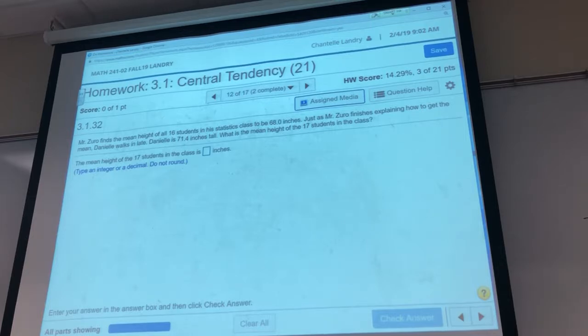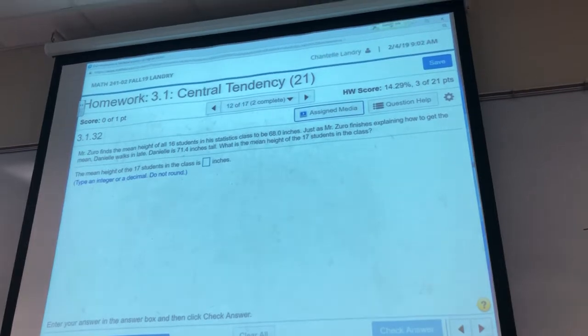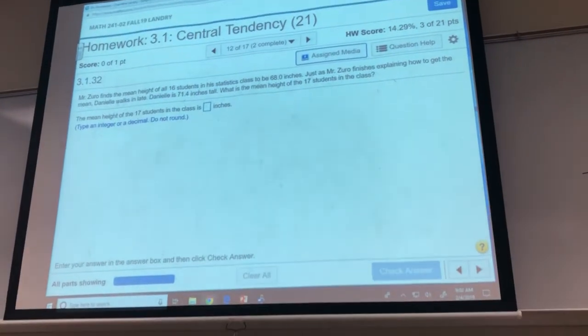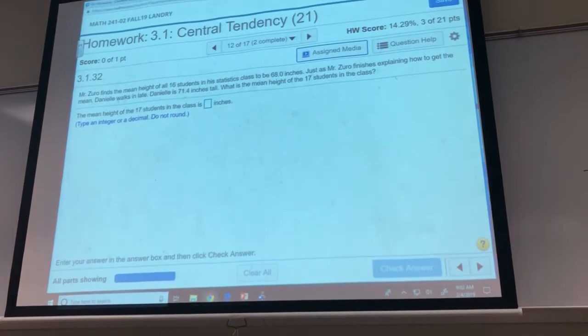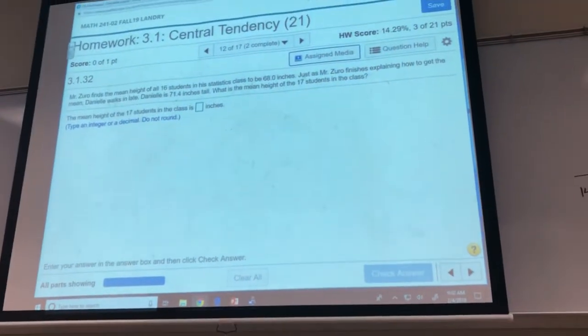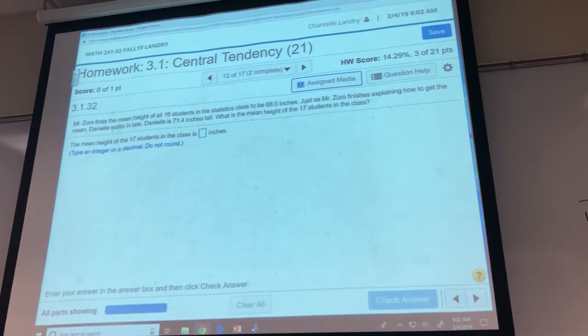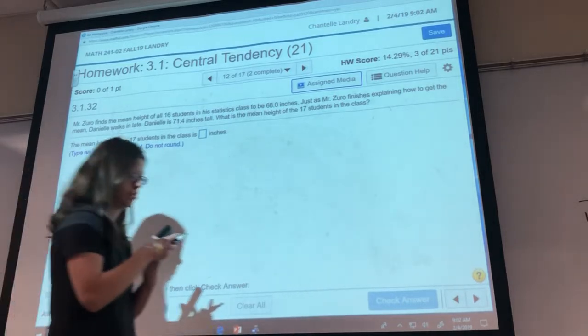This one is Danielle. This one is the 16 other students. When you do that, that increases to 68.2. It didn't really increase all that much.